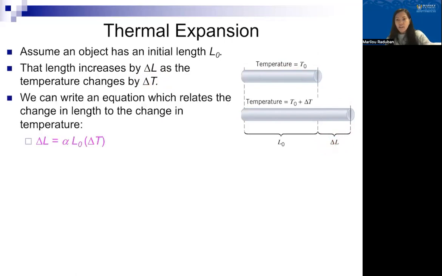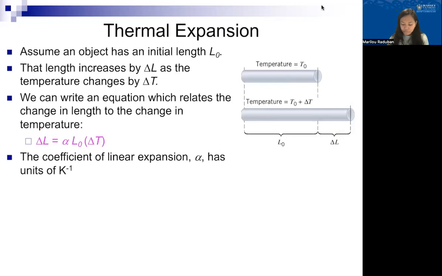The change in length will then be proportional to the change in temperature, right? So the higher the temperature change is, the more expansion you will have. So you have this direct proportionality between the expansion and the change in temperature.